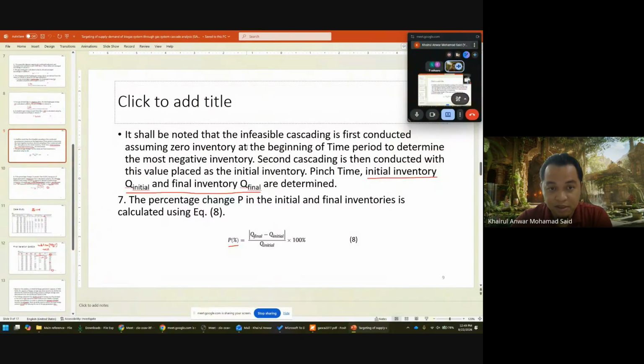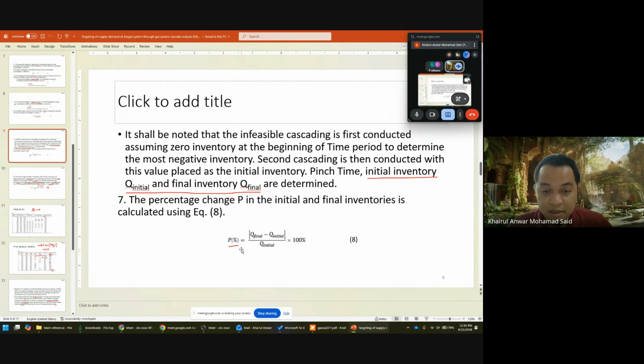To determine the most negative inventory, second cascading is then conducted with this value as the initial inventory. The percentage change P in the initial and final inventory is calculated using equation 8.